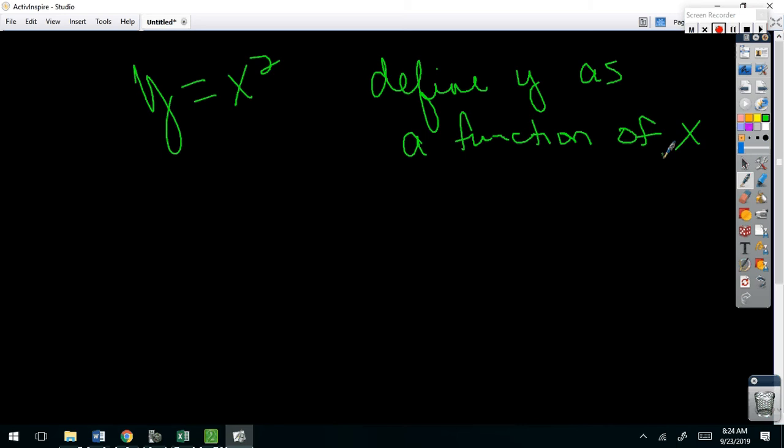It's something equals x squared. How do I tell you that it's a function? F of x. I define y as being f of x equals x squared.